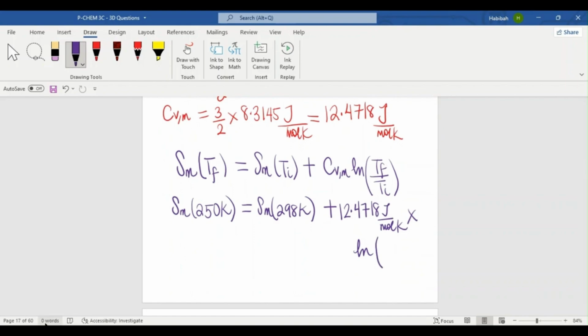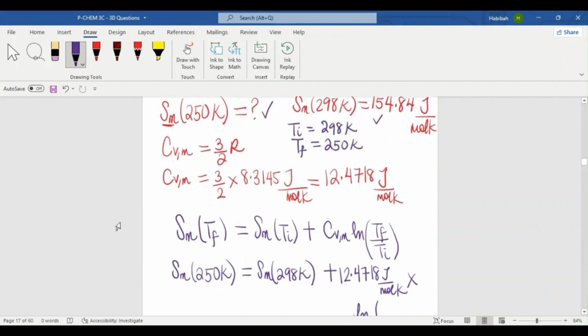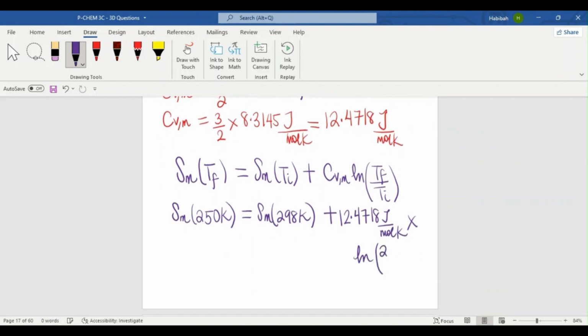So T final is simply 250 Kelvins divided by 298 Kelvins.